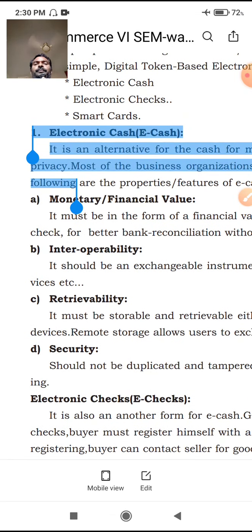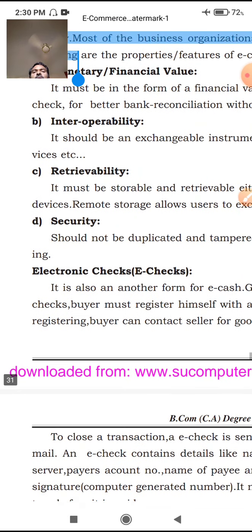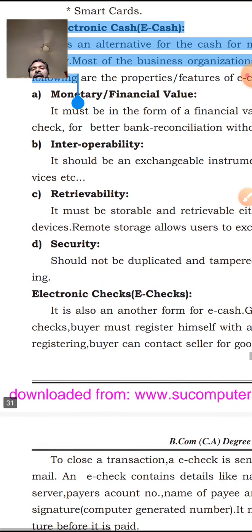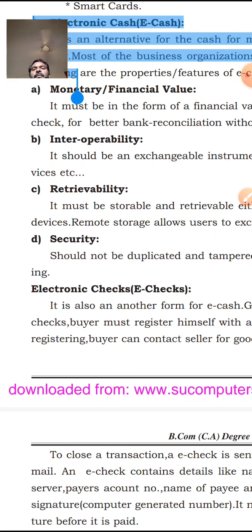Okay, so the EFT applications must follow some characteristics. That means financial value must be there for the electronic payments, and interoperability, that means the connection must be there with the different exchanges.